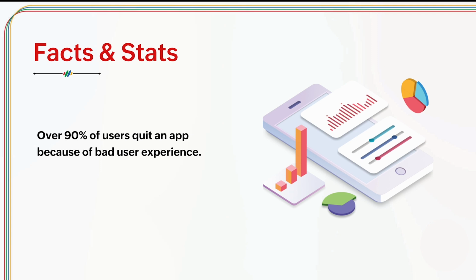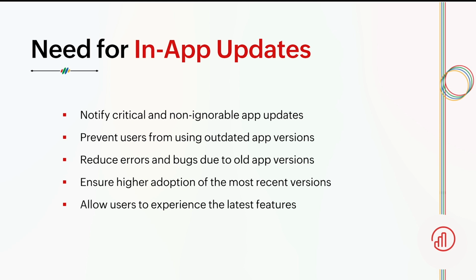So when we bring new features to our app, we also release new updates. But getting users to update your app and make sure they're using the right version is another story altogether. So users often tend to ignore app updates, or most of the time they aren't aware of it. And to be honest, we all know, right?